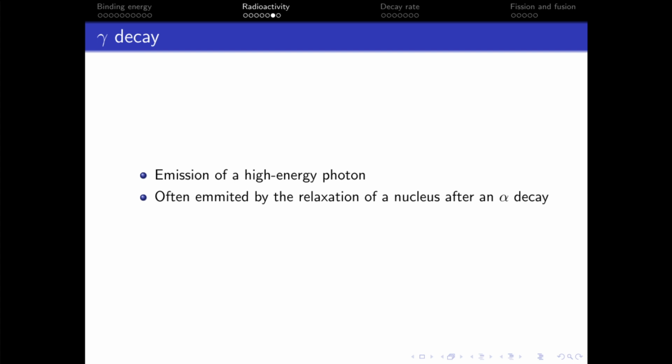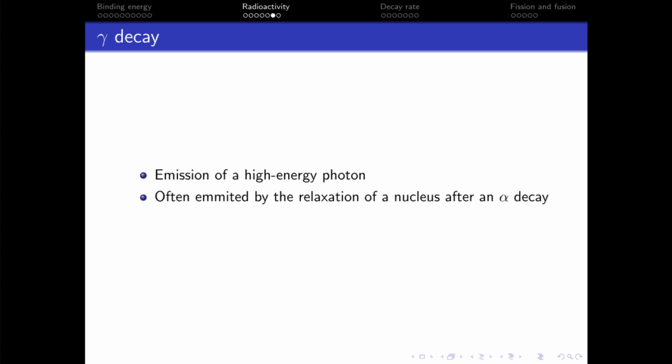Much like the electron has energy levels when inside of an atom, the nucleus also does. So after going through an earlier decay, it might end up in an excited state, and to go back to its ground state, it will emit a photon, generally with a very, very high energy, greater than X-rays and so on, which we call a gamma ray. So a gamma ray is just a photon with a very, very large energy.